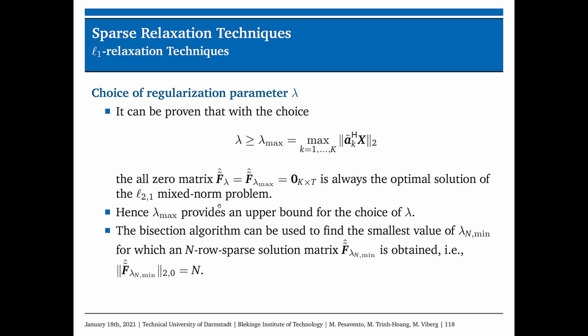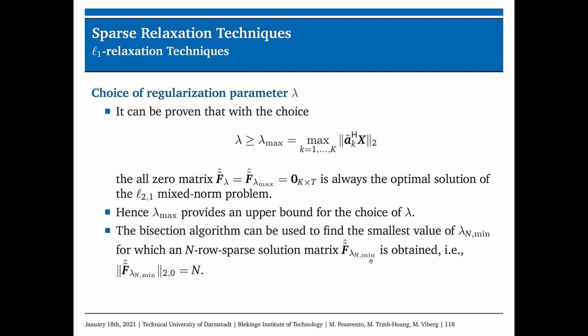Hence, lambda max provides an upper bound for the choice of lambda. With this upper bound, the bisection algorithm can be used to find the smallest value of lambda, lambda n min, for which an n-row sparse solution matrix is obtained.